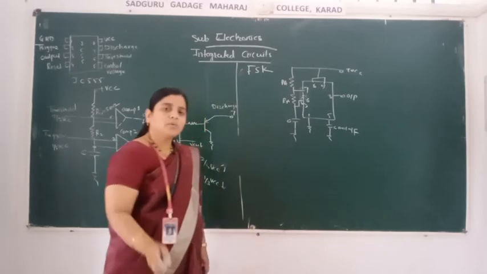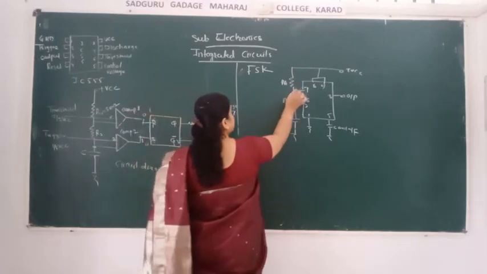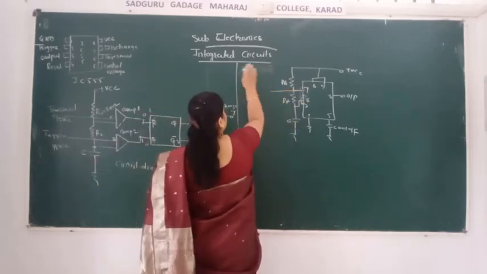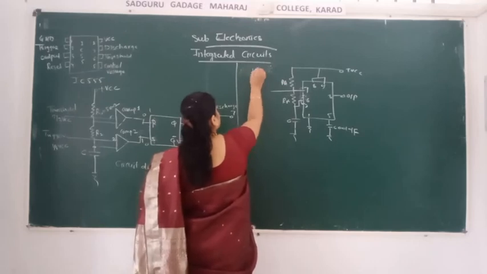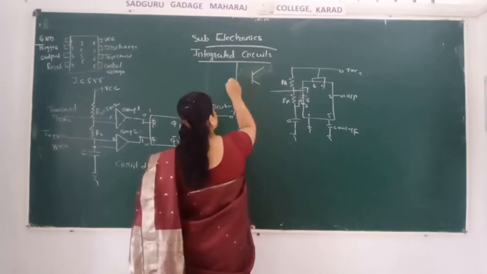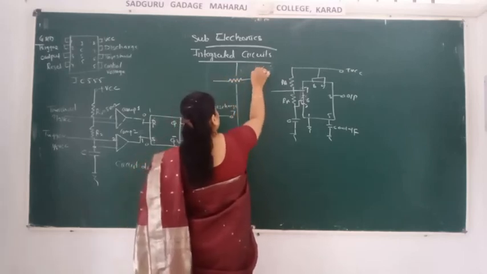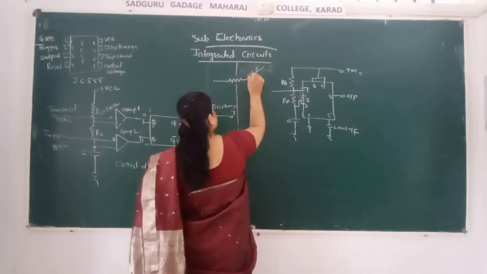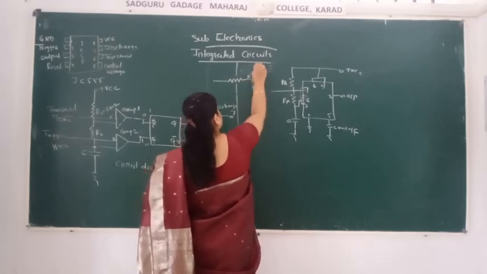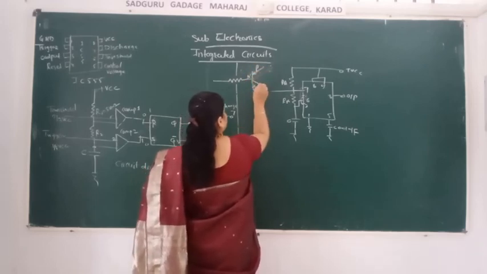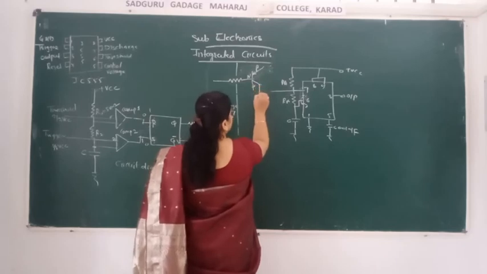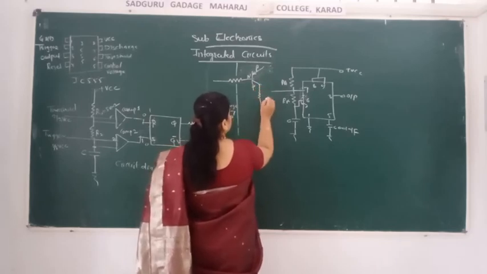One more circuit is interfaced here in FSK. One transistor is used here. Which transistor? One PNP transistor is used. We always use the NPN transistor, but here a PNP transistor is used, and one resistor R3 is used.